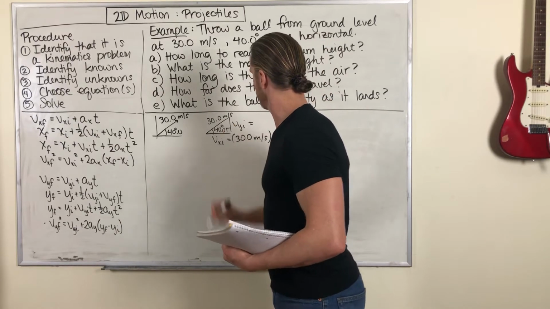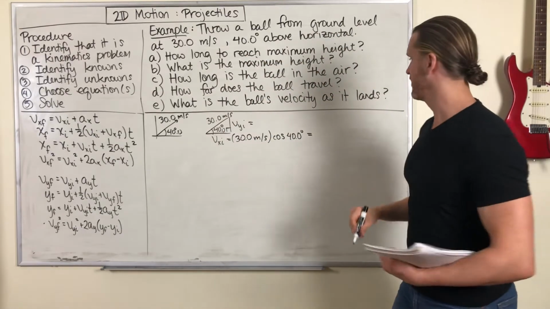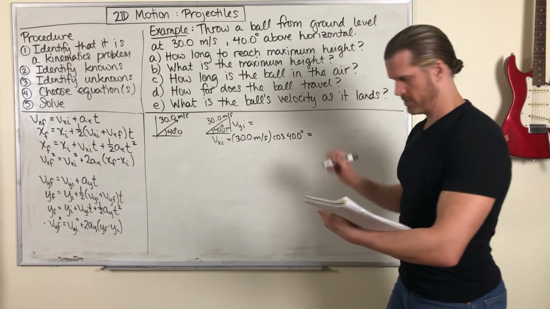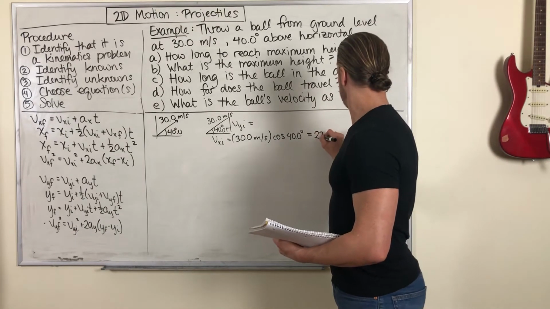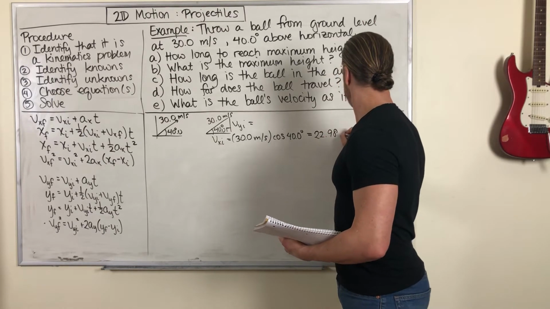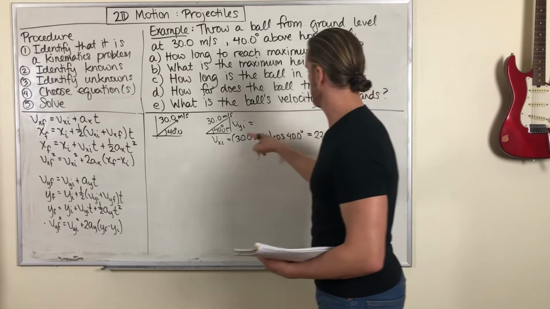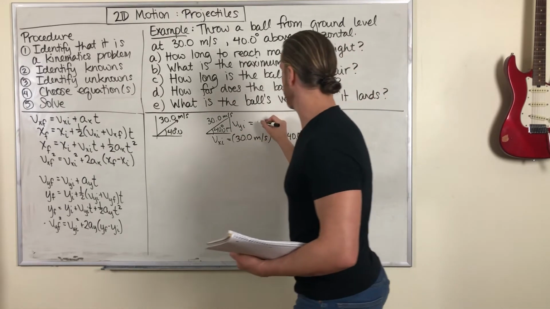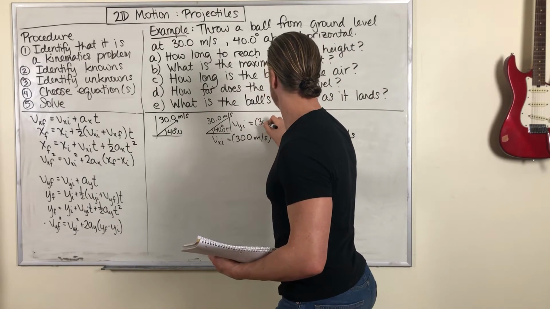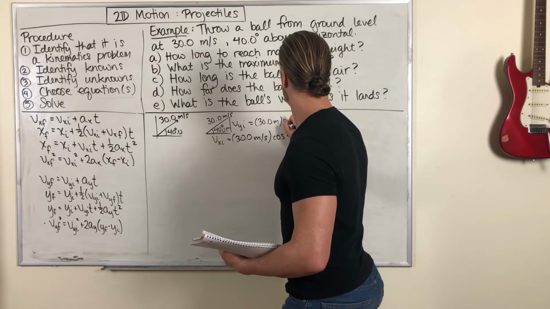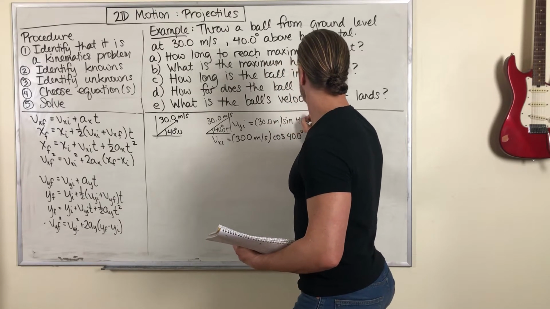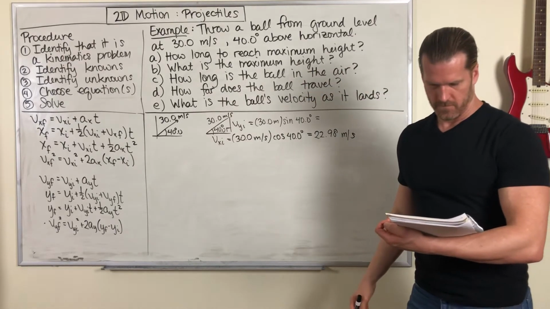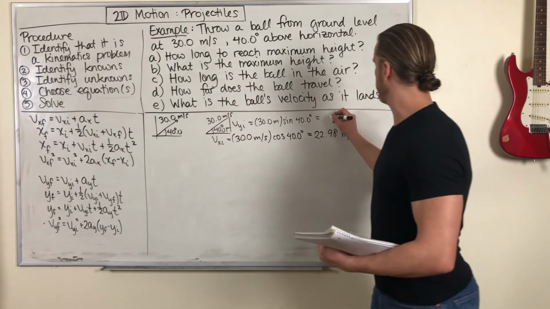So I'm trying to remember about these significant figures. And that would give you 22.98 meters per second. The y component is opposite to the 40-degree angle. That gets the sine. 19.28.